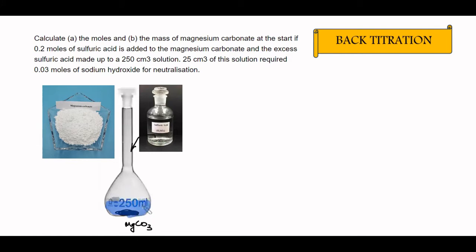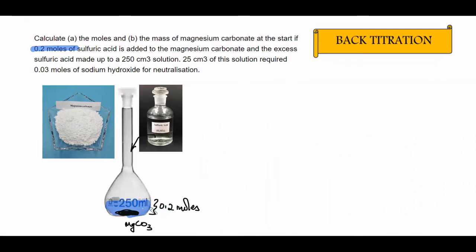The question just says that this quantity contains 0.2 moles of sulfuric acid. Before the next step, as I said, both of them will be reacting, and excess sulfuric acid is there.